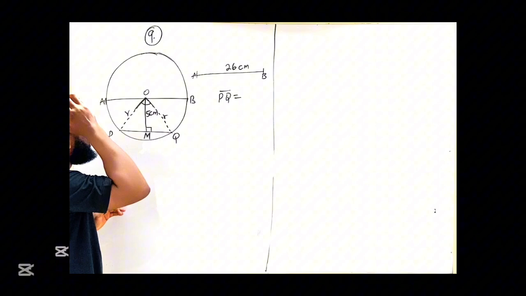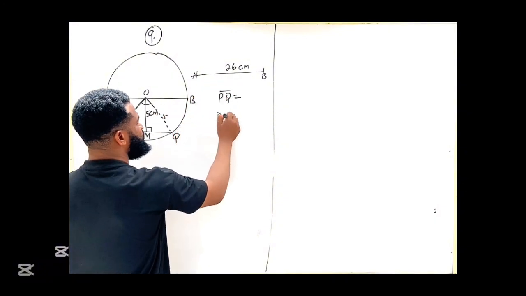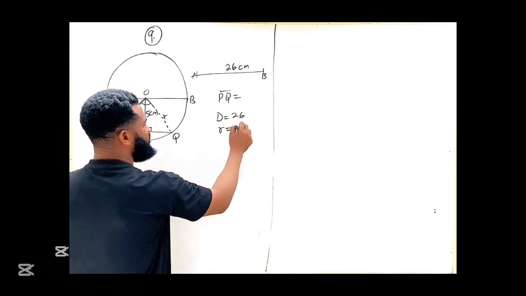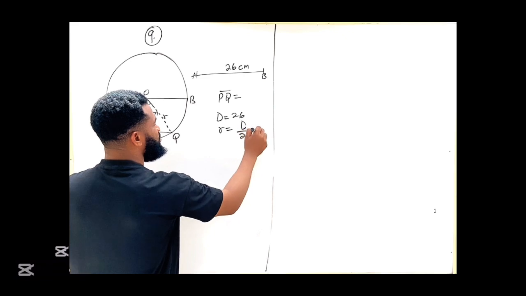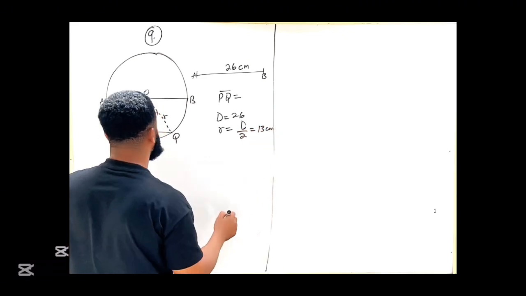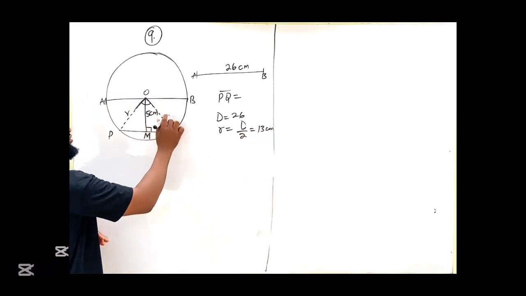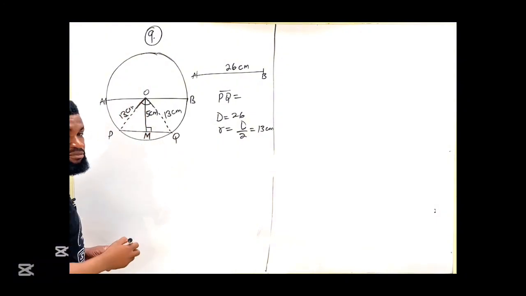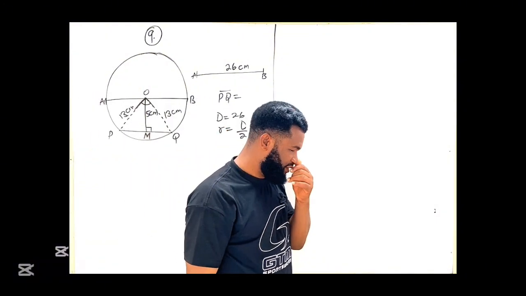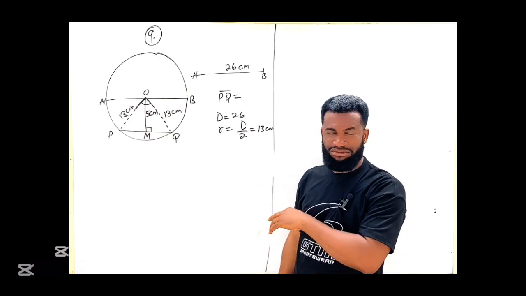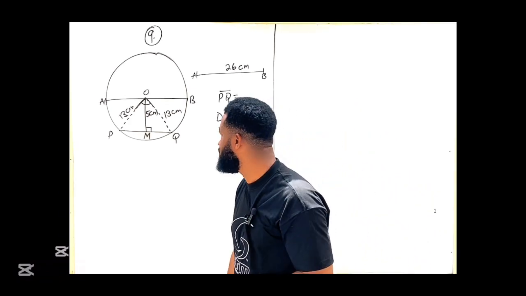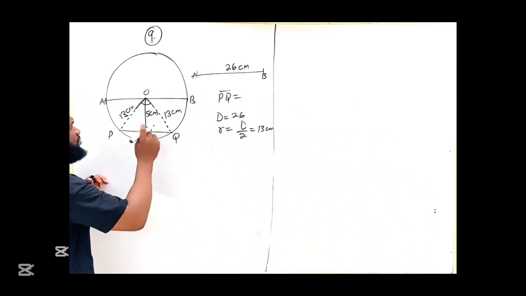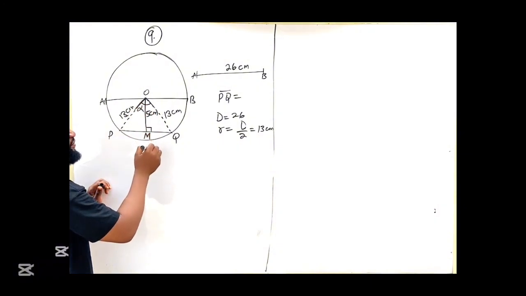These are conditions. If the diameter is 26, the radius is going to be diameter over 2, which is 13 cm. So this radius is 13 cm, and this radius is 13 cm. Watch what I'm doing so that it will be easier for us to understand. I'm looking for this angle, I can call it alpha.